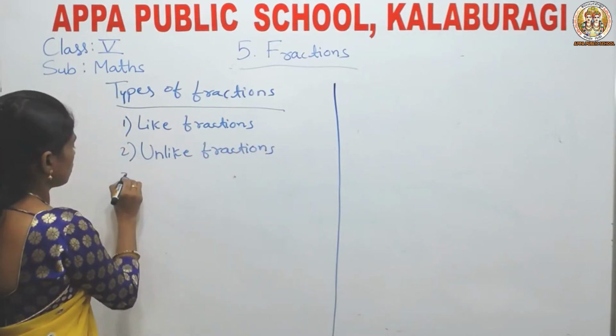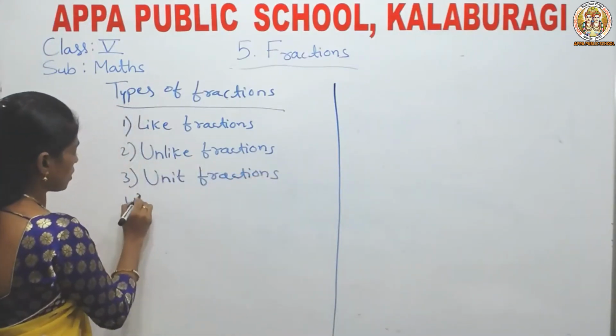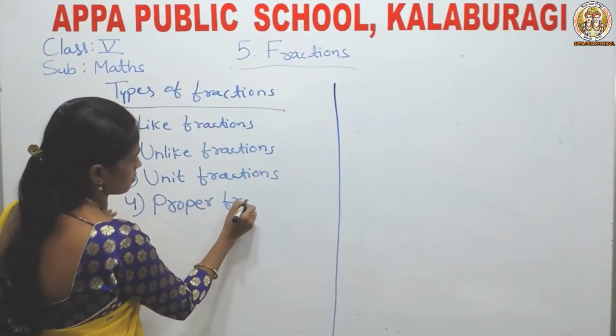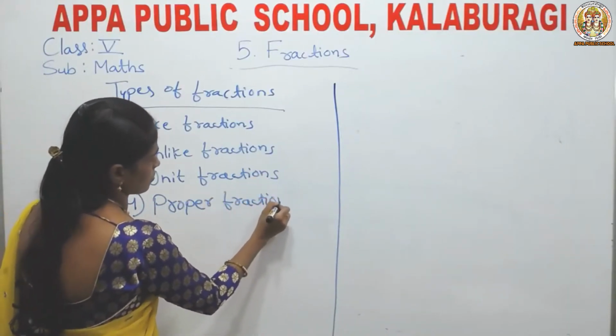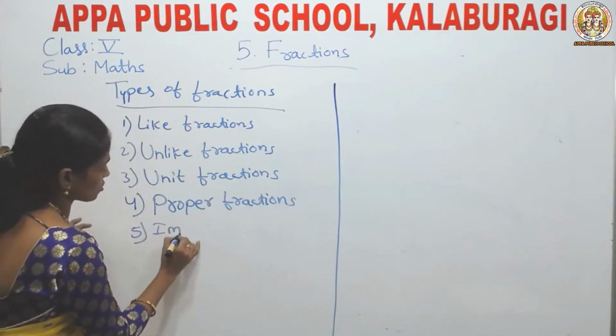Third one, unit fractions. Fourth one, proper fractions. Fifth one, improper fractions.